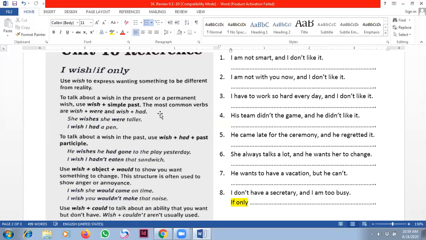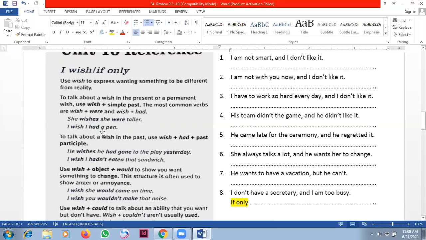The other way around. To talk about a wish in the present or a permanent wish, use wish plus simple past. The most common verbs are wish plus were or wish plus had. Example here, she wishes she were taller. What is the reality? The reality is she is not very tall, but she wishes she were tall or taller.